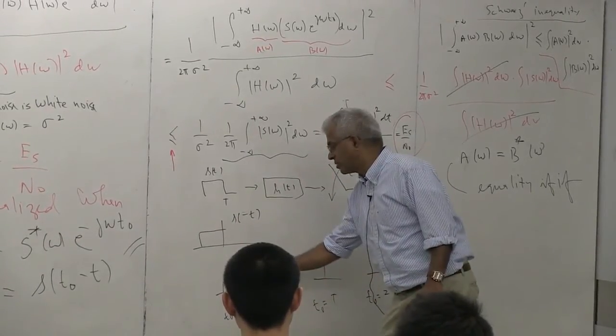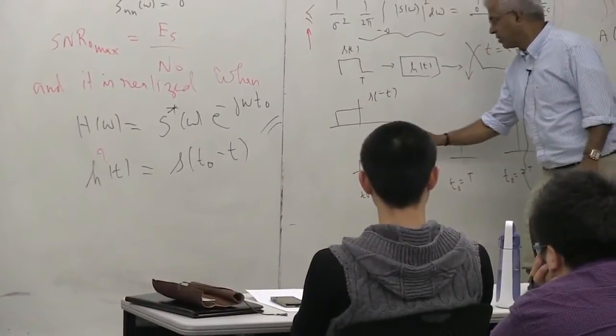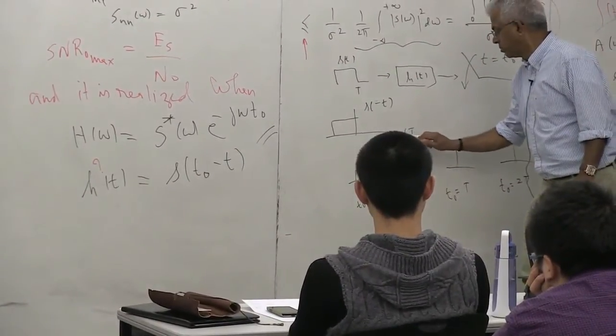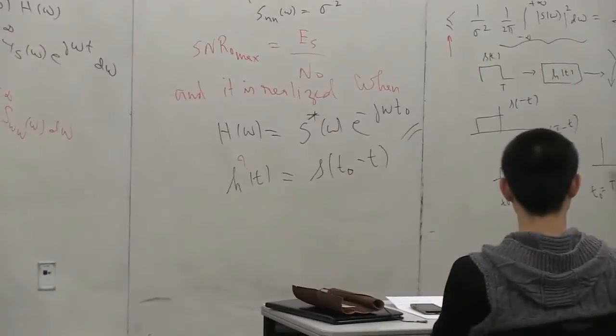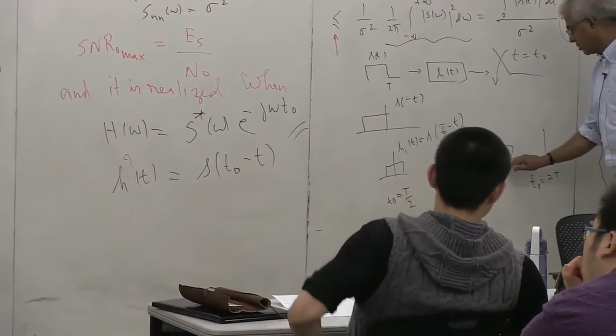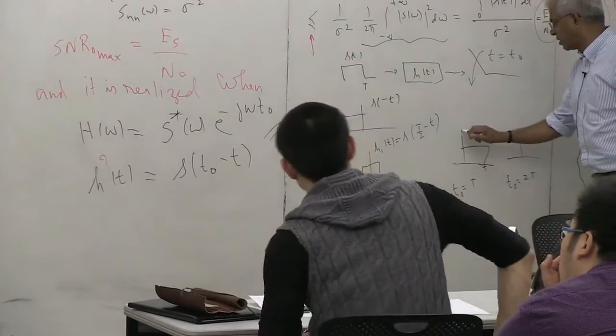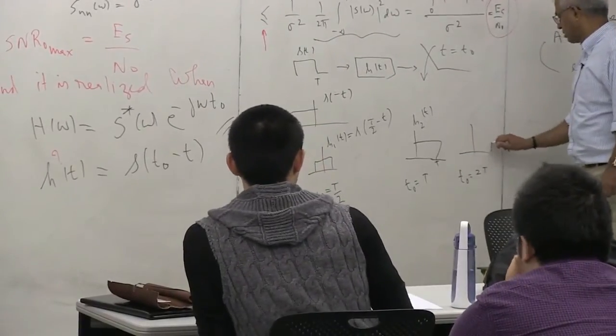This is the match filter in one case, because you shifted it by t by 2 only. Here it will look like this because you're shifting it by t. Here it will look like this, right?